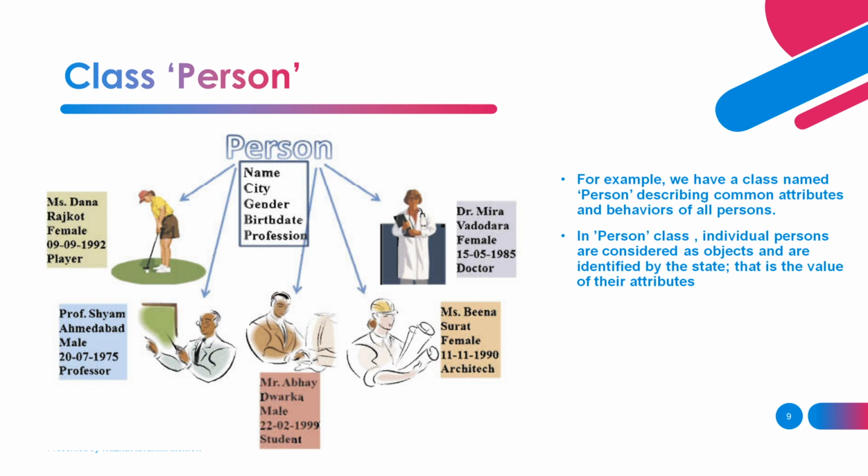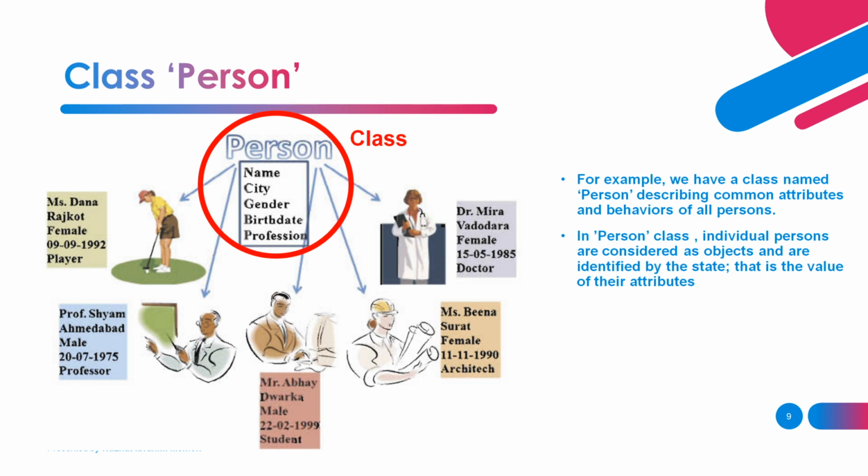Here we will take one more example from your textbook to better understand the concept of class and object. See in this figure, here person is a class and it serves as a blueprint or template that describes the attributes of a person like name, city, gender, birth date, profession, etc. Using this person class, we can create as many objects as we want. Individual persons are considered as objects.